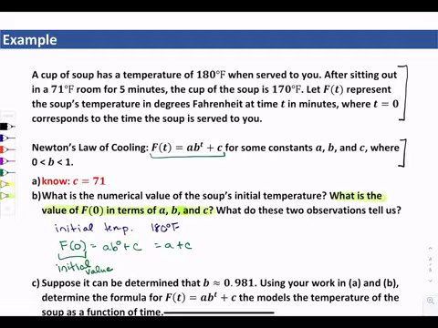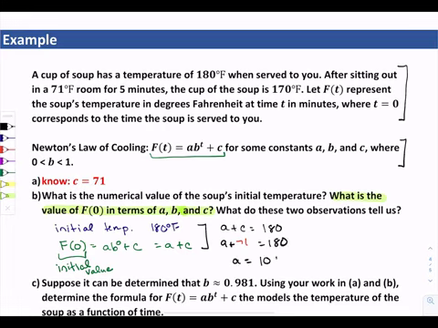So if we put these two observations together, we know that a plus c needs to equal 180, and then we knew that c was 71, so a plus 71 needs to equal 180, which tells us a equals 109.